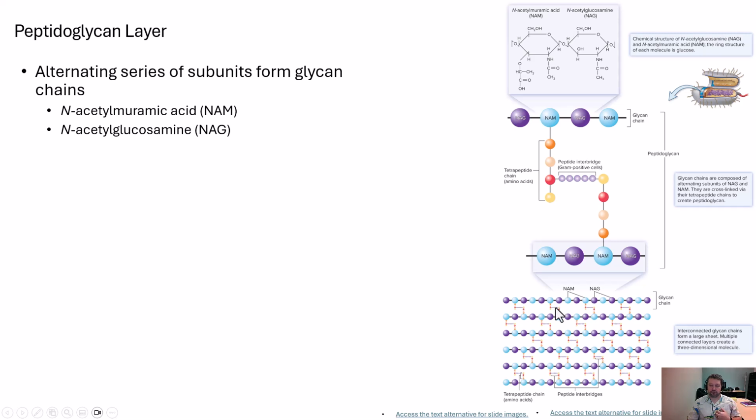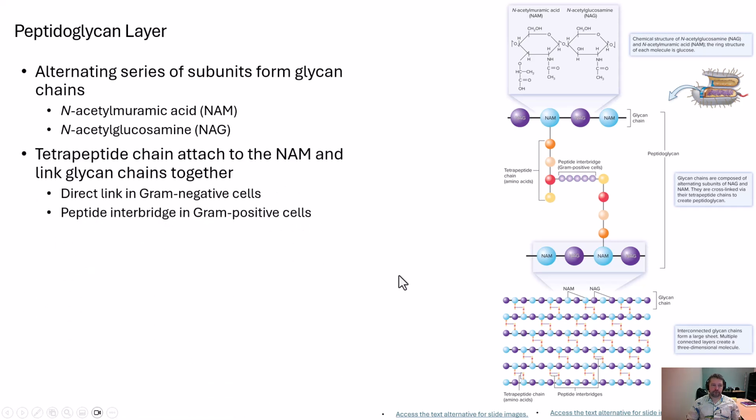So it's like independent chains, but water and other things can flow through. It's like drilling a bunch of holes through the peptidoglycan layer, and it doesn't allow for the protection that it would if it was whole and combined together. At least in gram-positive, that's how it is.